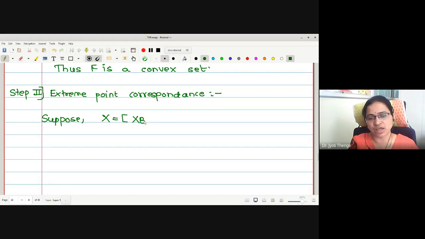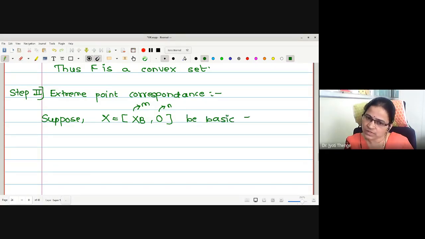XB stands for the basic variables. What will be the count of basic variables? m. And what is remaining? The remaining have 0 value. Therefore, let me write this as a 0 vector. How many tuples will it have? n tuples.